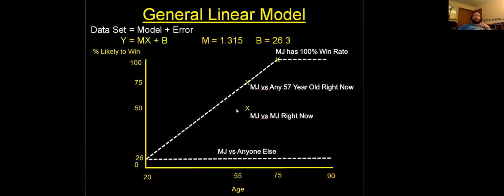So what we've constructed here is what I think is a pretty conservative model. In other words, we could probably push this a little this way. And in fact, do I think MJ's probably got a little better than 26% chance of beating anybody? Yeah. Now I know there are other younger NBA players out there, and that's a pool of people who will perhaps have a likelihood of beating MJ right now fairly consistently.